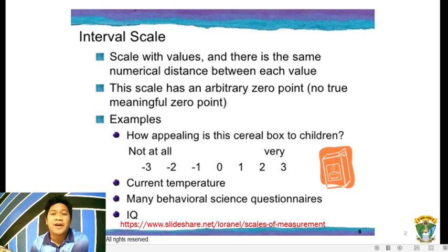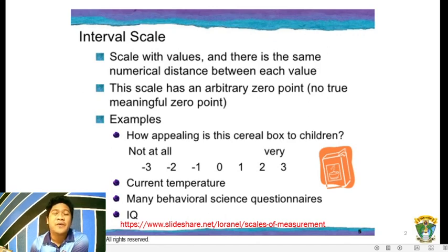Why is IQ under interval scale? Because it has no absolute zero. Because getting zero in an IQ test does not mean that you don't know anything. Getting zero in an IQ test means something.